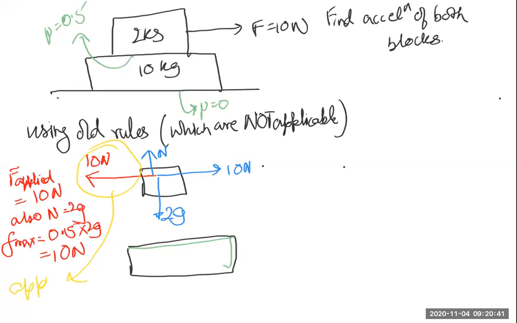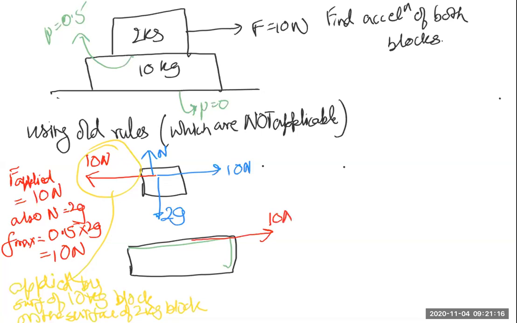This has been applied by the surface of the 10 kg block on the surface of the 2 kg block, right? Therefore, according to Newton's third law, if this is a force applied by the 10 kg block on the 2 kg block, then the 2 kg block will apply an equal and opposite force on the 10 kg block, right?